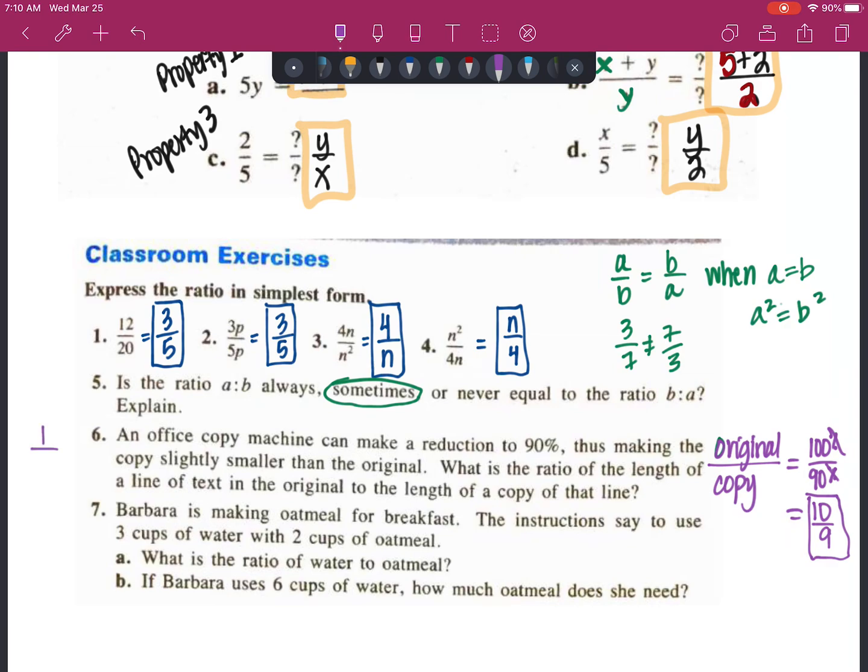Now you might have put 1 over 9/10, or 1 to 0.9. We wouldn't write that as a fraction. You wouldn't put a decimal within a fraction. The 1 colon 0.9 just looks so odd numerically to me.